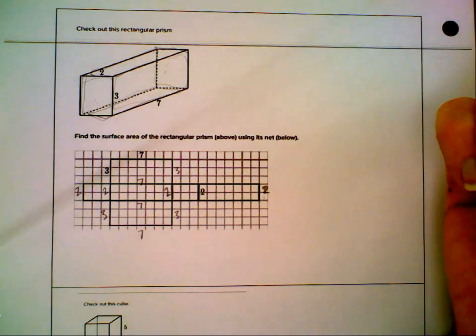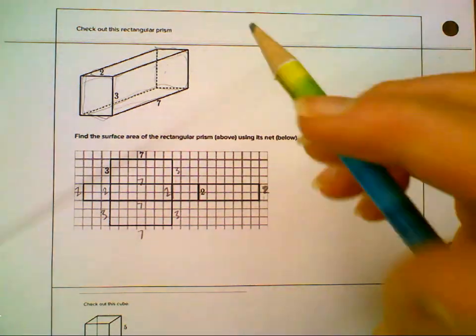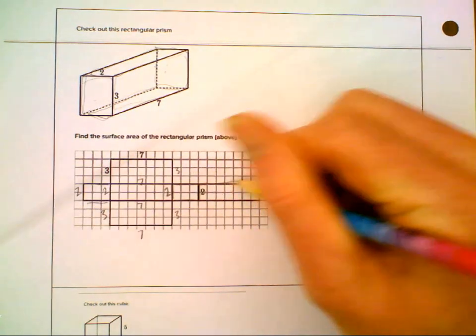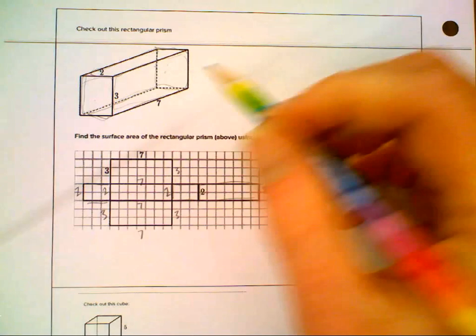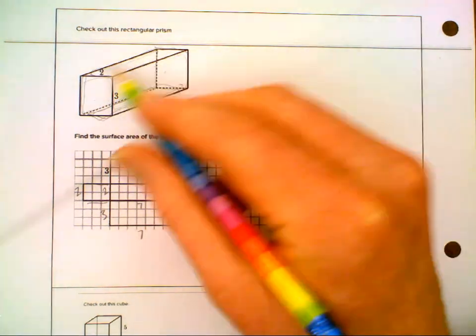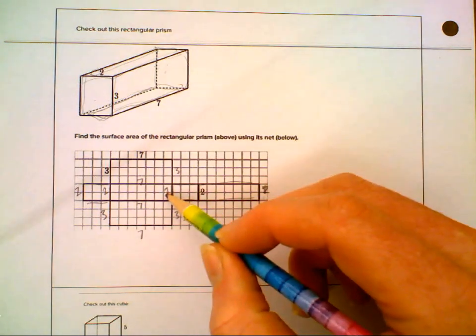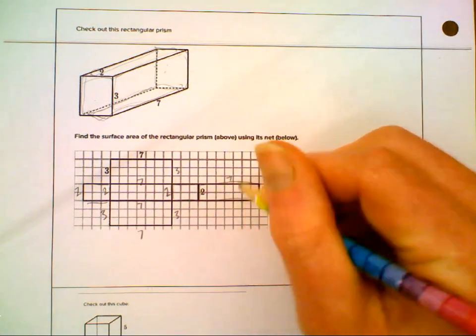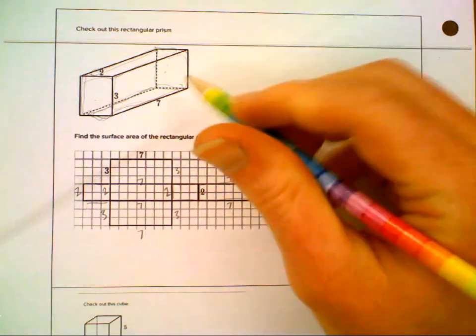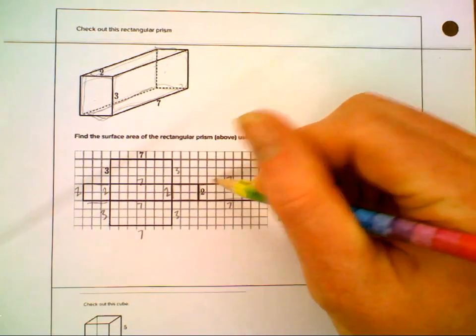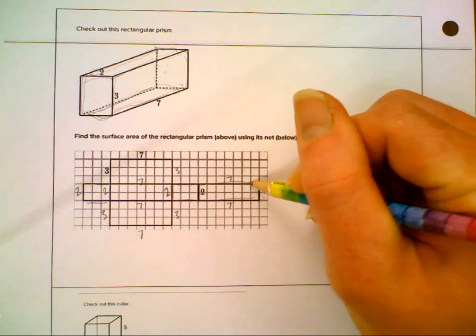So I've labeled almost all of my shapes. The only things that I haven't labeled are these sides and this side. So again, because I know that this shape and this shape are the same, I can tell that this shape here and this shape here are going to be the same because they're the ones that are opposite each other on the prism. And I can check 1, 2, 3, 4, 5, 6, 7. So that's true.